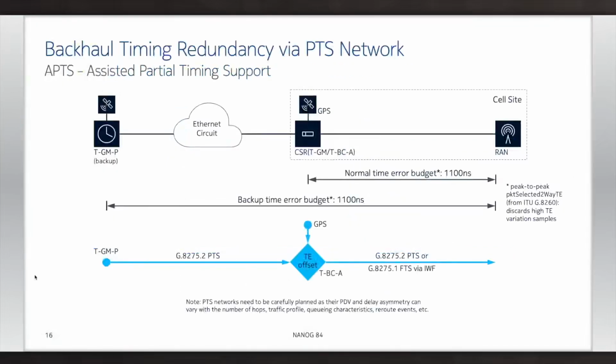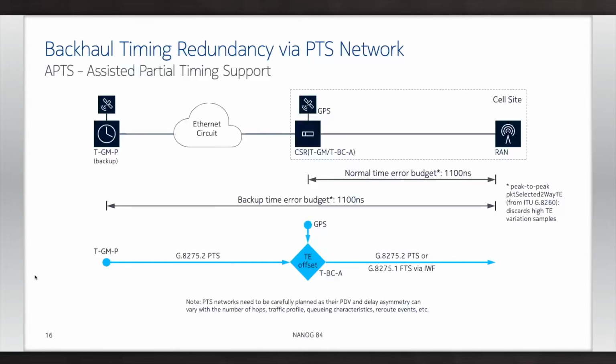So there's going to be an Ethernet circuit connecting an aggregation site to a cell site, and you have a GPS in the cell site, but then you have this PTS, this partial timing support connection all the way back to your time reference.